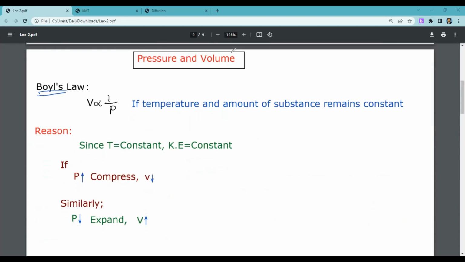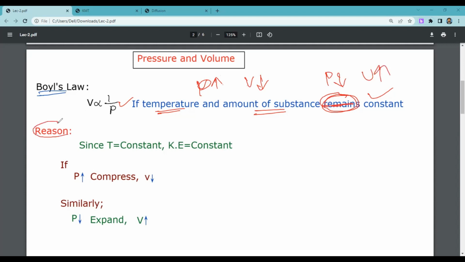According to Boyle's law, if we keep the temperature and amount of substance constant, then volume is inversely proportional to the pressure. What does it mean? It means that if we increase the pressure, the volume will decrease, and if we decrease the pressure, the volume will increase.